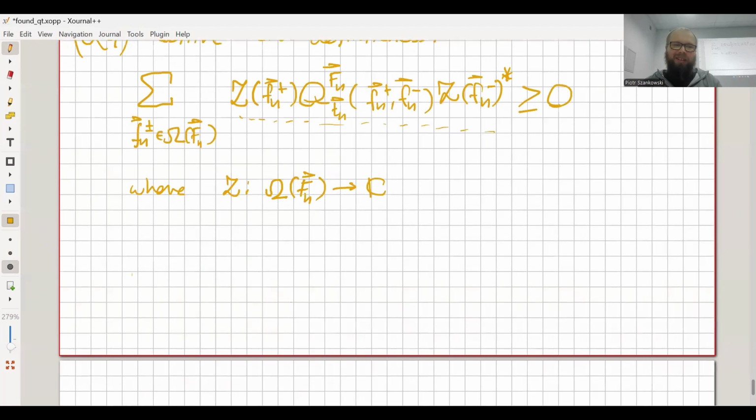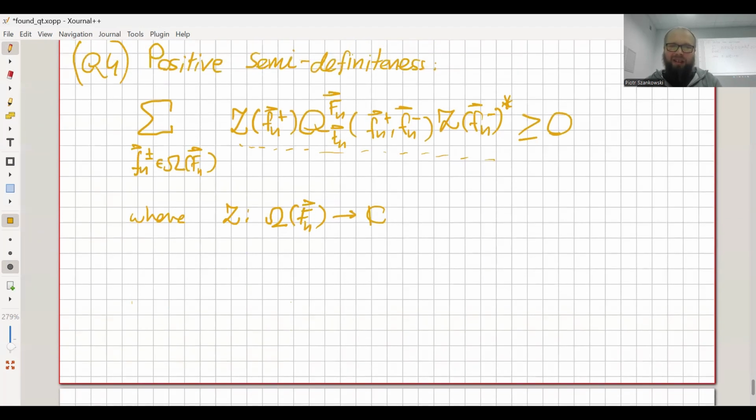And actually you can word this property differently. If you take this Q and treat it as a matrix where the sequences are the indices, then this matrix is a positive semi-definite matrix.